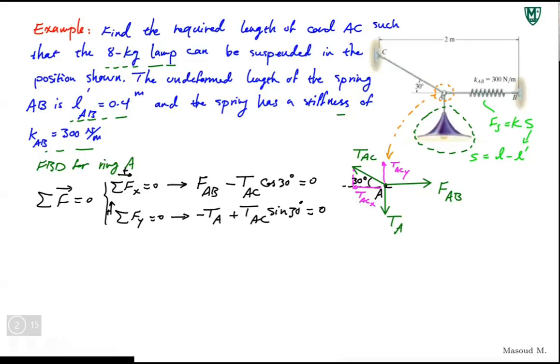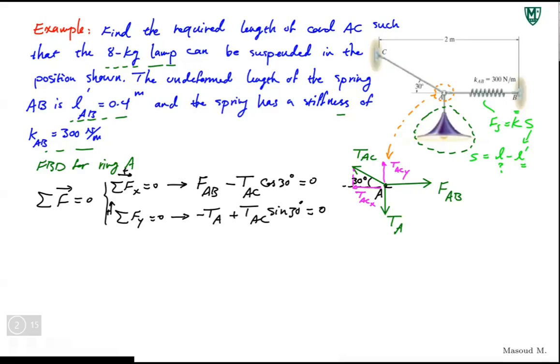What we don't know is the current length. We know L prime. We know K, but we don't know what L is at this moment to be able to calculate Fs. So we don't know Fs. It's unknown.